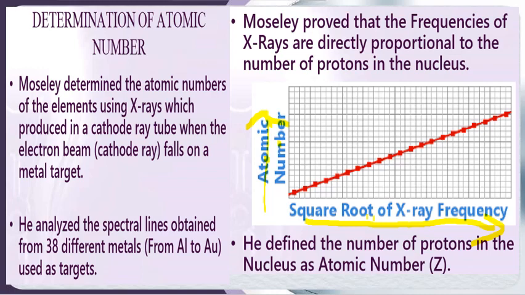As the atomic number increases, the frequency of radiation also increases, meaning stronger rays are produced, right? So he found that it depends upon the atomic number: the more protons in the center, the greater the frequency of the radiations, right?